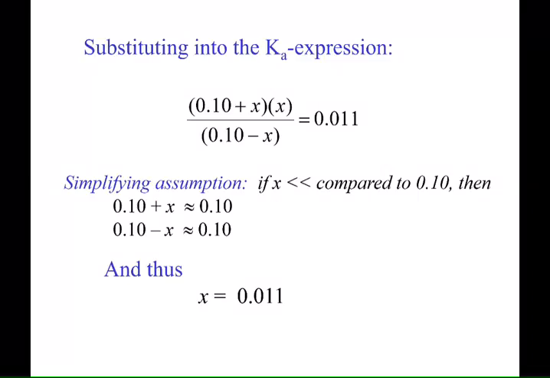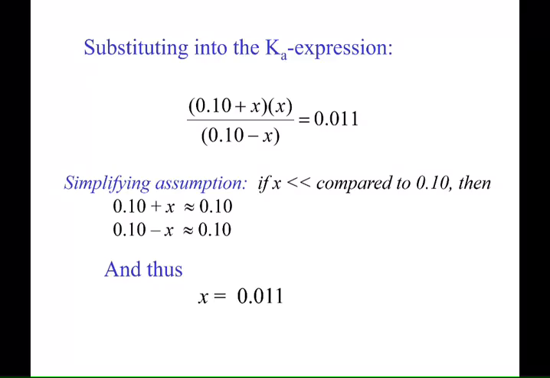So here's my simplifying assumption. If X is significantly smaller than 0.10, then this term right here becomes 0.10, and this term right here also becomes 0.10. It's kind of an interesting sort of thing.